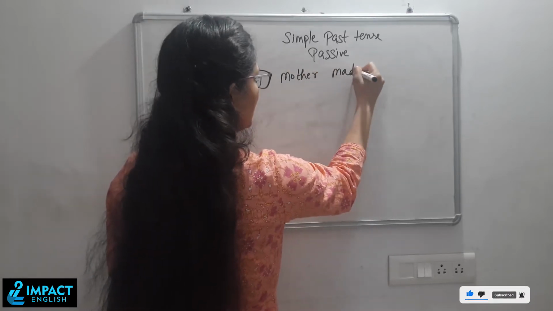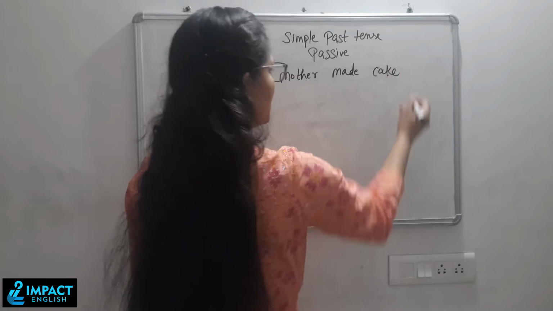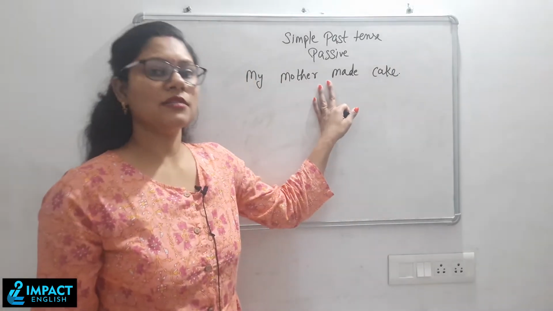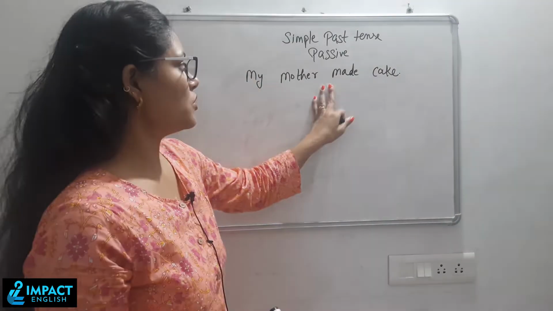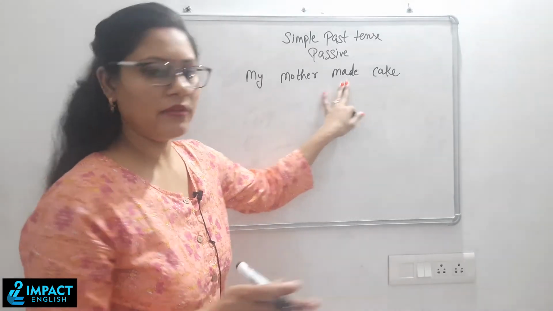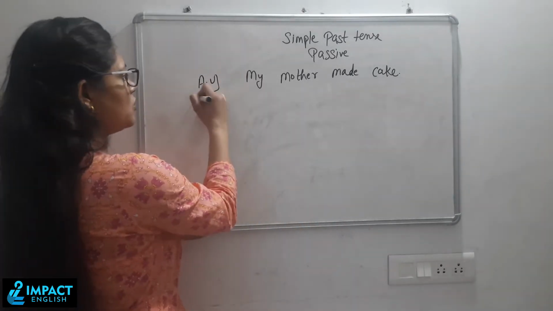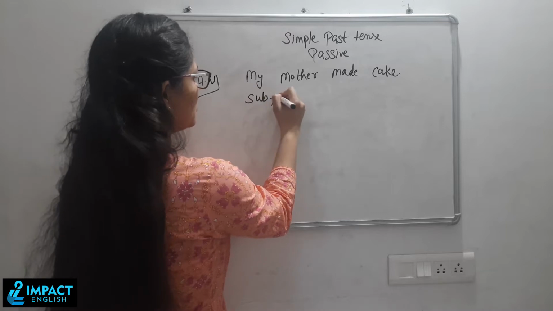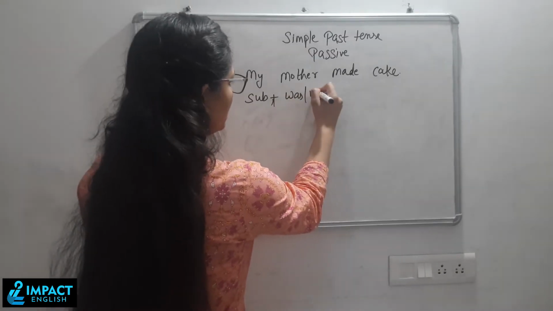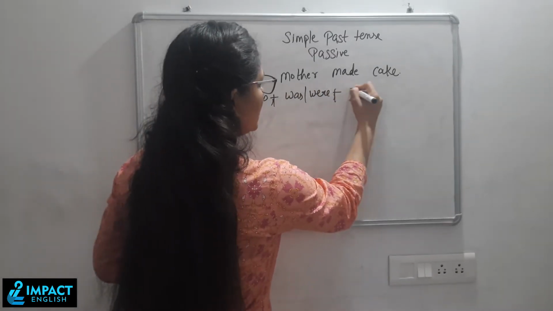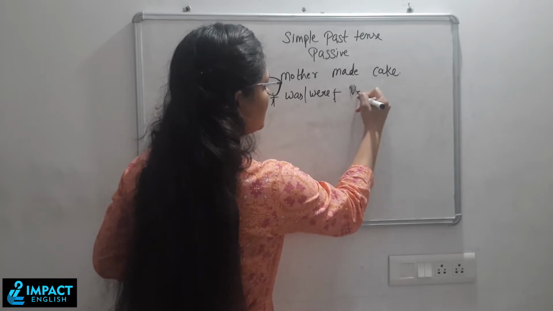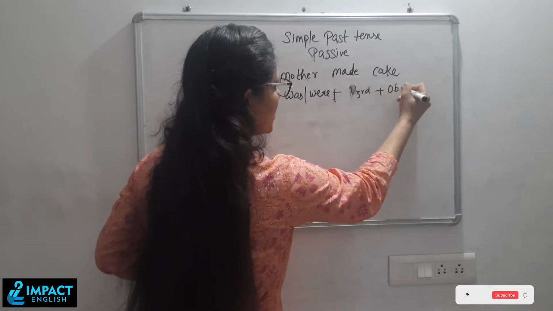Now see here, my mother made cake. In simple past tense, we use only second form of the verb. So here, second form of the verb is given. Now, the structure will be subject, was, were, third form of the verb, and then object.